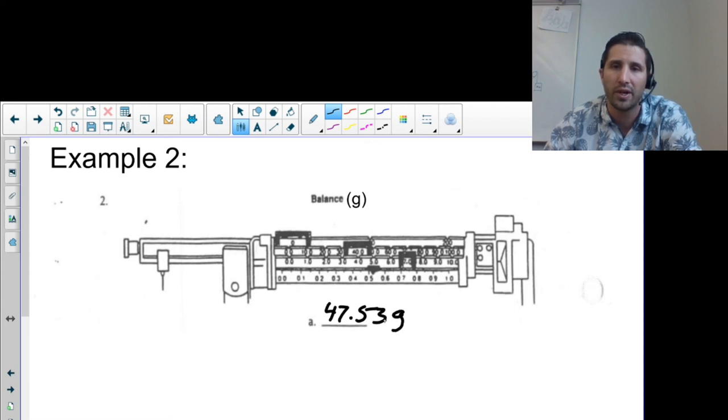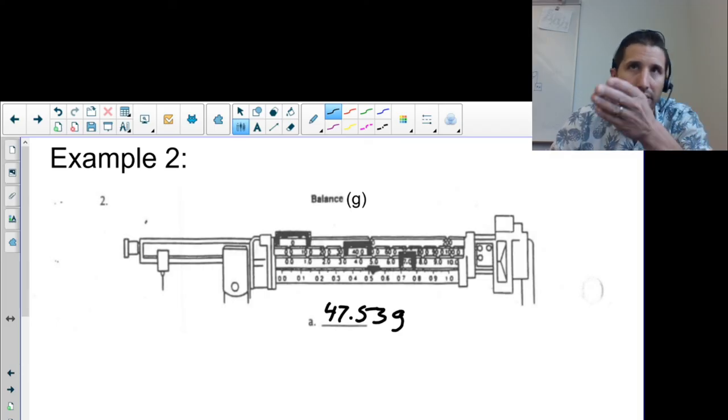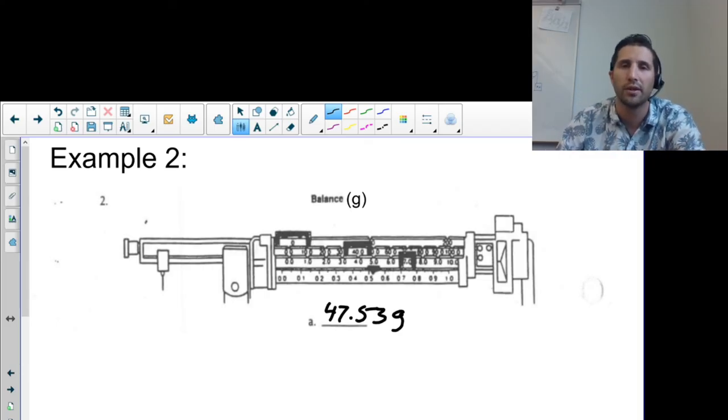Remember that 3 is an estimate. Maybe we don't agree on that. We agree on the 47, we agree on the 5, maybe not on the 3. So no matter what, every single time, measure every digit you're able to measure using the device you have. Whatever markings are on that device, measure as carefully as you can and then estimate the last digit. That's really the point for how we do those measurements.